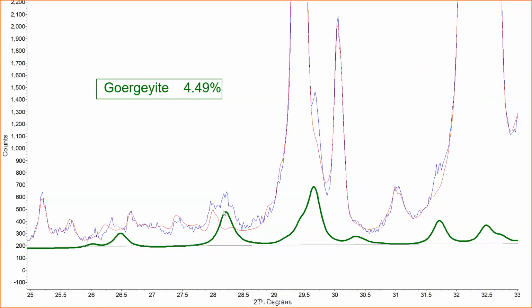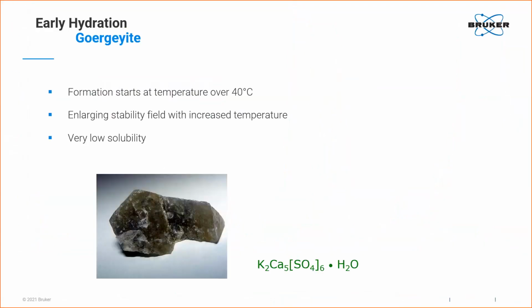But I showed here the intensity contribution which would be related to görgeyite. So we clearly see that this missing intensity here is easily explained by this phase. So also such a phase, görgeyite, can be easily detected and distinguished in the diagram.